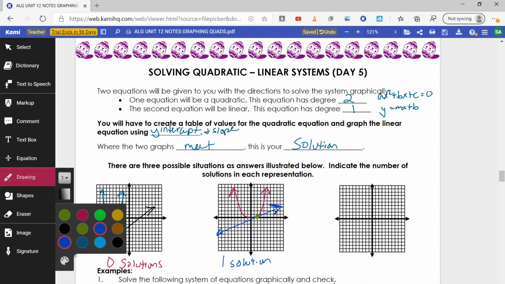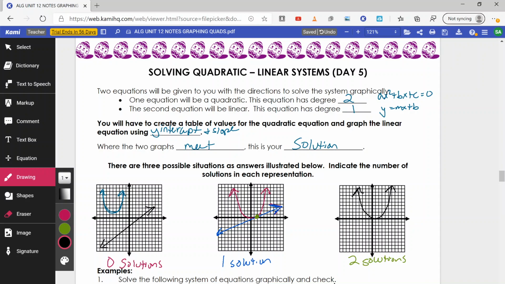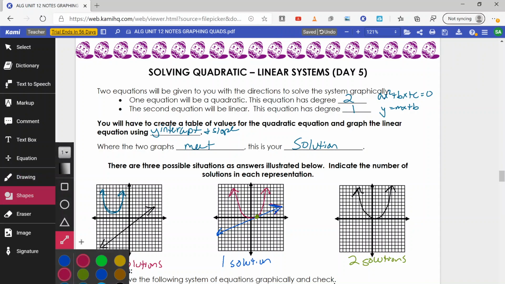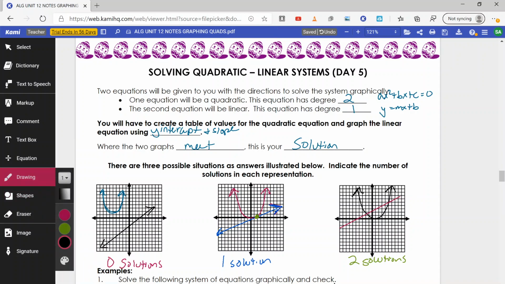And we could also have two solutions. So we're going to end up with 0, 1, or 2 solutions. And the way this works is relatively simple. We have our parabola, and then we have a line that runs through it, and we end up with 2 points of intersection.